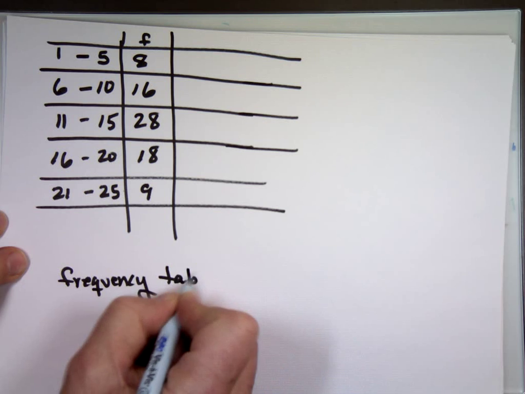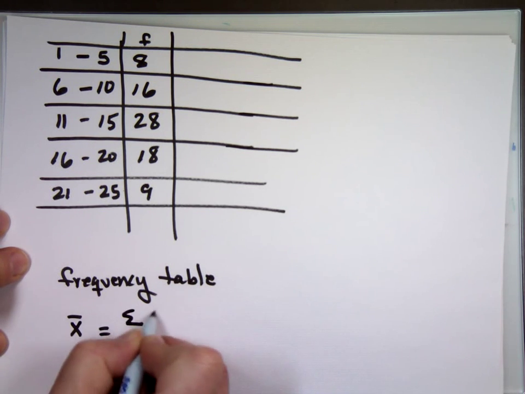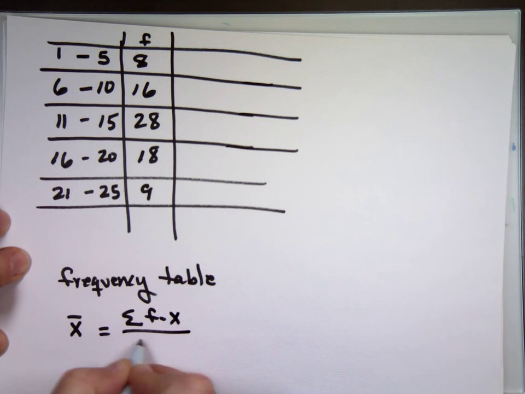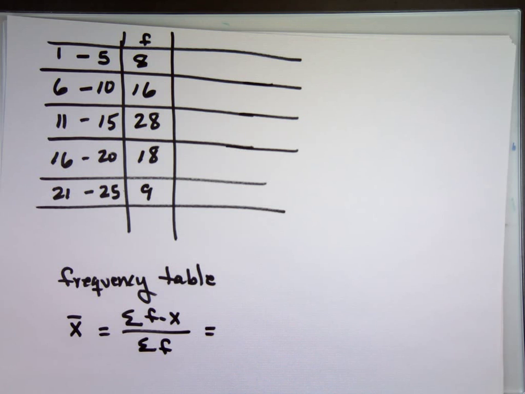To calculate the mean, it's still the same equation, the summation of f times x over the sum of f. I can get the sum of f, that's no big deal. Add the frequencies: 8 plus 16 plus 28 plus 18 plus 9. It says 79 people.